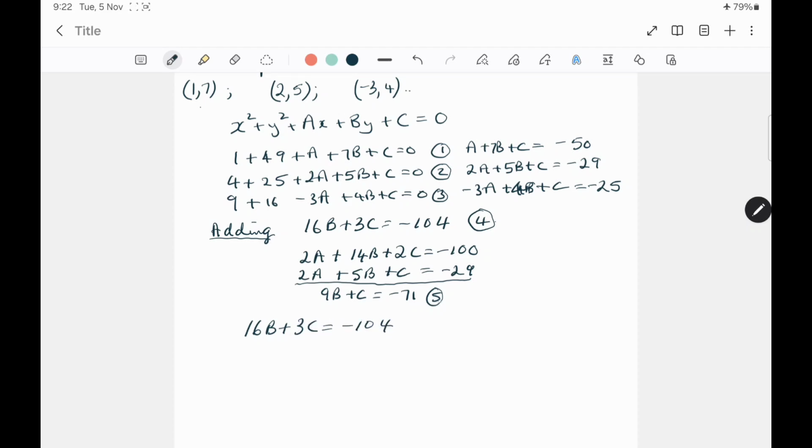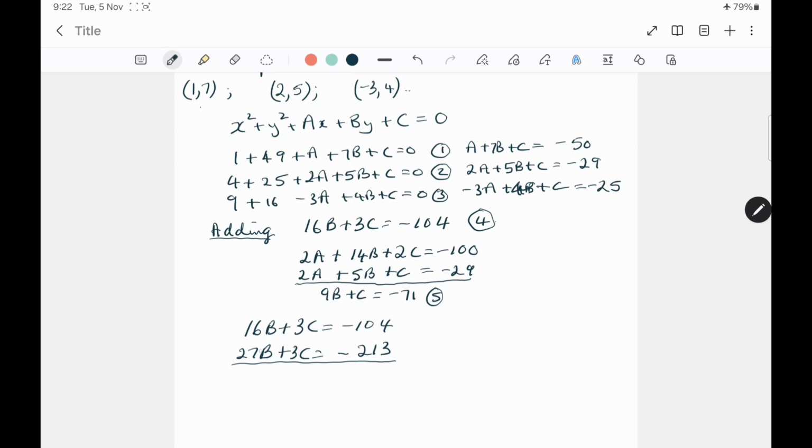And let's multiply equation number 5 by 3. So that gives us 27b plus 3c equals minus 213.